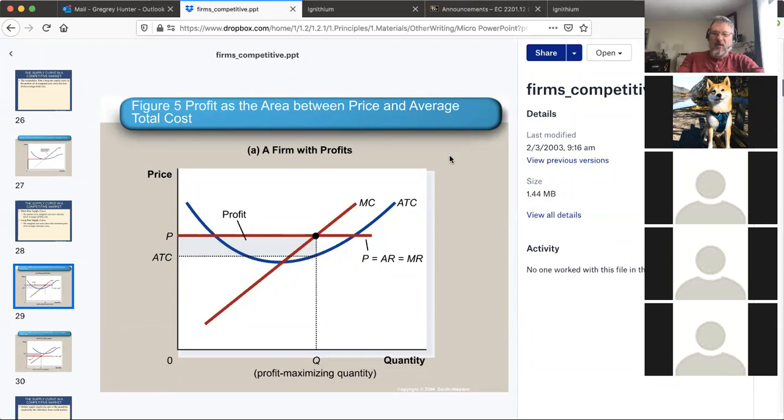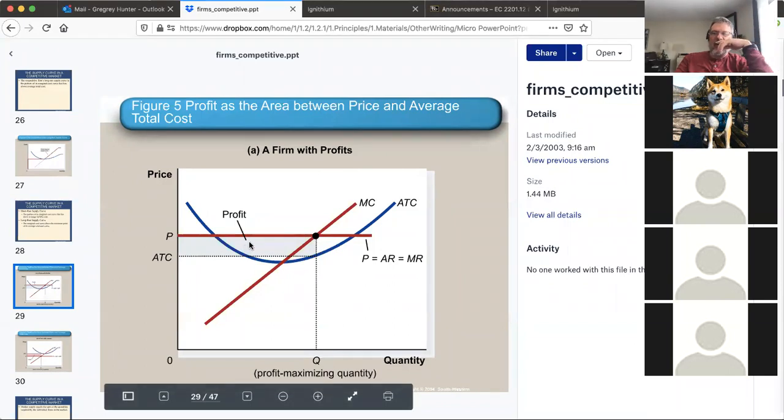But then notice you can factor out the Q from that equation, and you end up with price minus ATC times Q. I remember profit as total revenue minus total cost, but I always also remember that profit can be represented as price minus average total cost times quantity, because it corresponds to the area of that rectangle on the diagram.